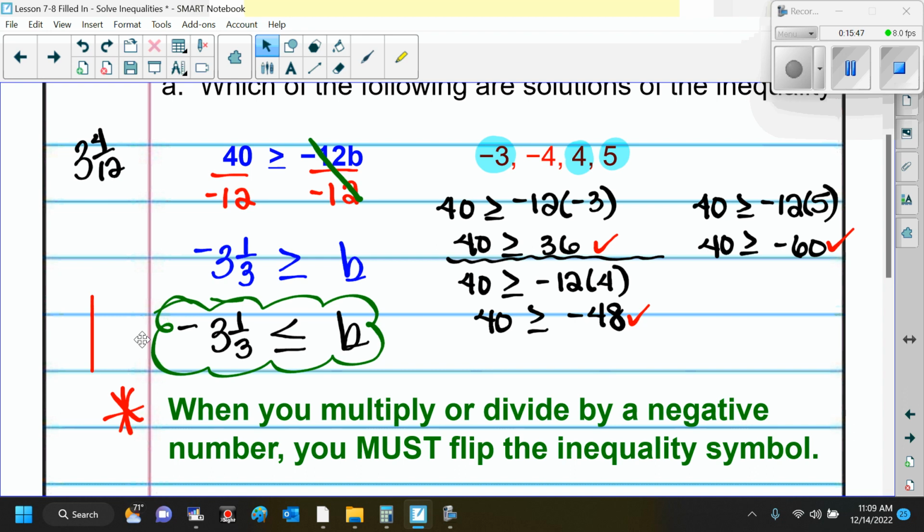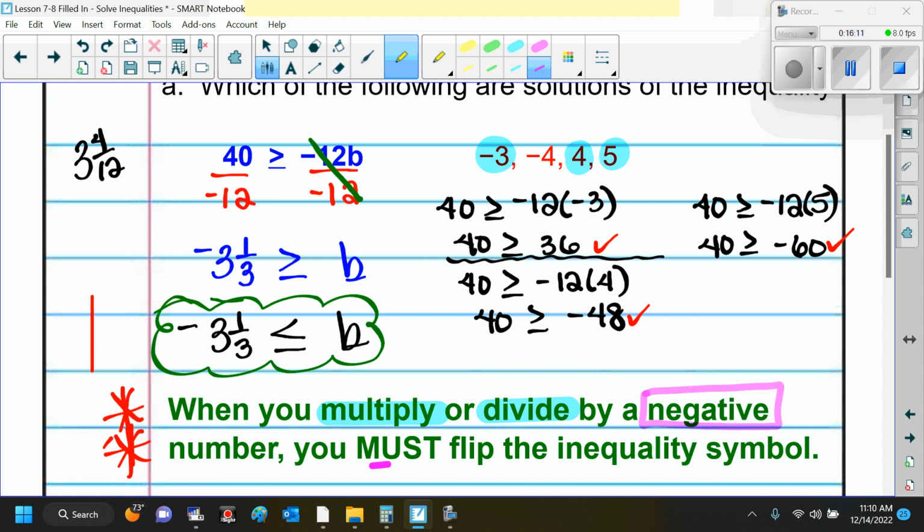Is everybody clear? All right. And then this rule down here is extremely important. This is when you are multiplying or dividing. When you multiply or divide by a negative number, you must flip the inequality symbol.